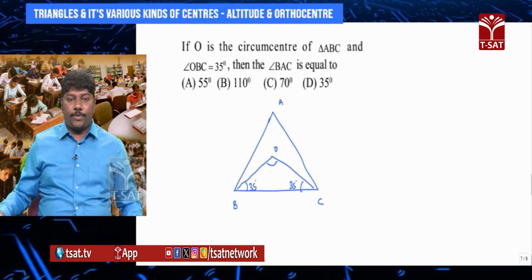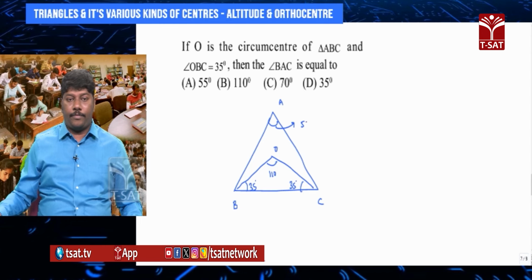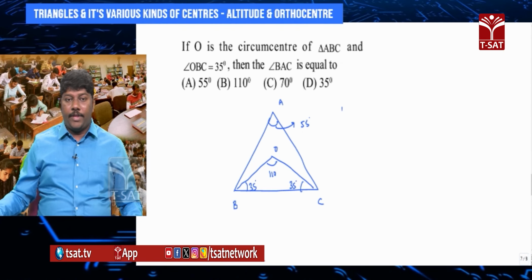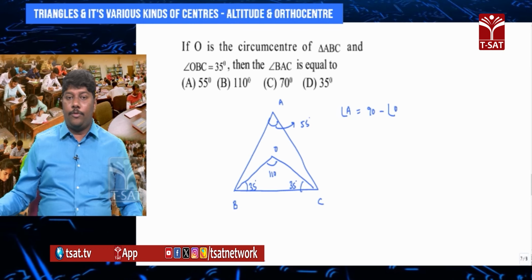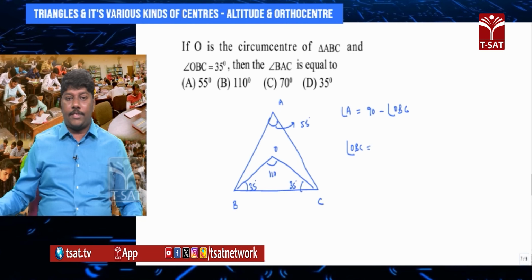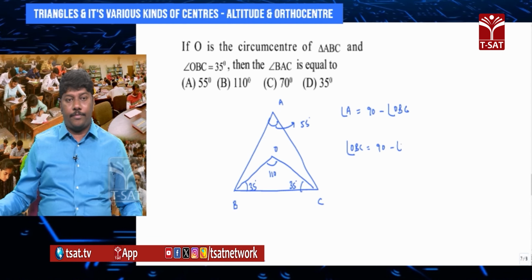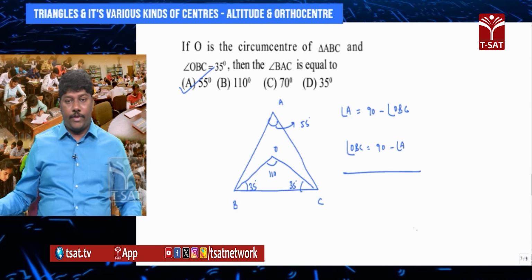Therefore, 70 means it is 110. Therefore, this becomes 55. Or else you can say angle A is equal to 90 minus angle OBC, or else angle OBC is equal to 90 minus angle A, vice versa. If it is 35 means the rest of the angle is 55. Just now we have derived it.